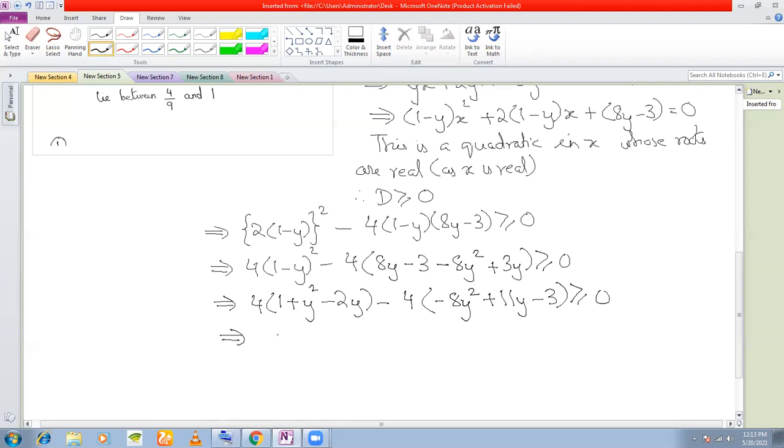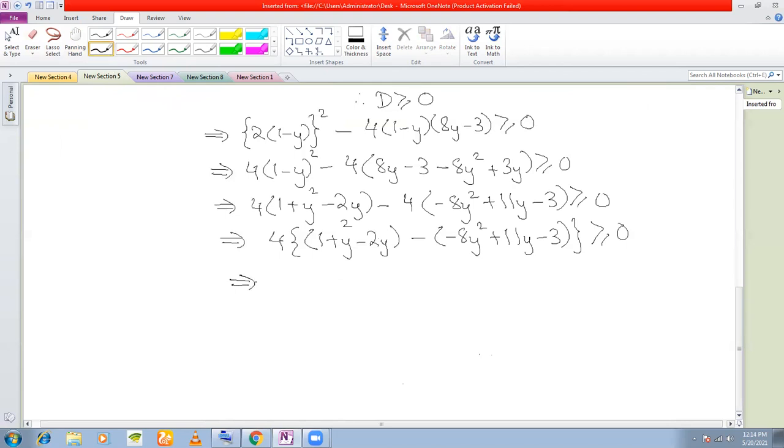Okay, so now you can take 4 out. 1 plus y square minus 2y minus 8y square plus 11y minus 3 greater than or equal to 0.